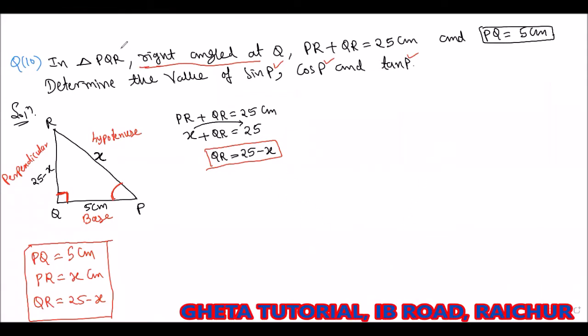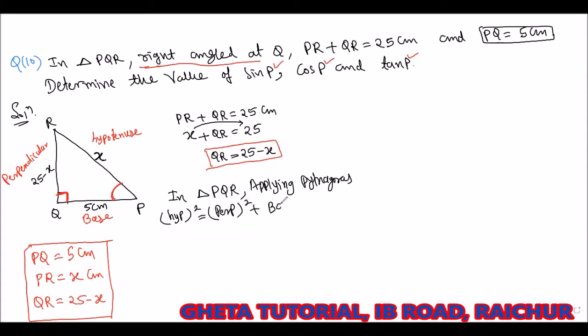So I will go for the Pythagoras theorem. In triangle PQR, applying the Pythagoras theorem. The Pythagoras theorem says hypotenuse square is equal to perpendicular square plus base square.